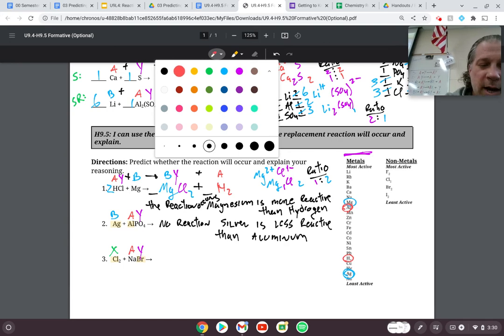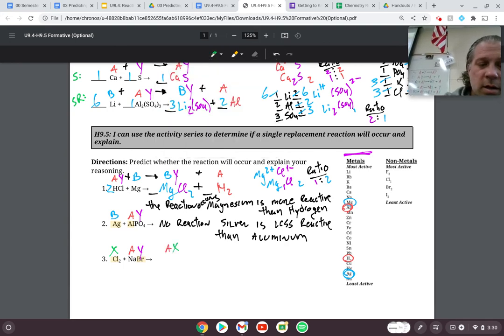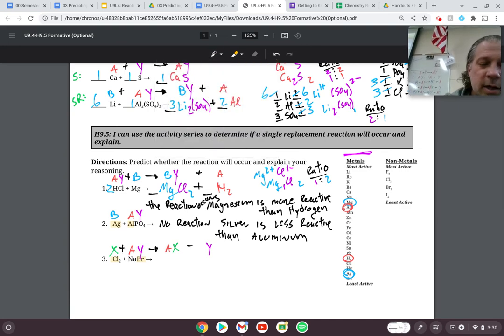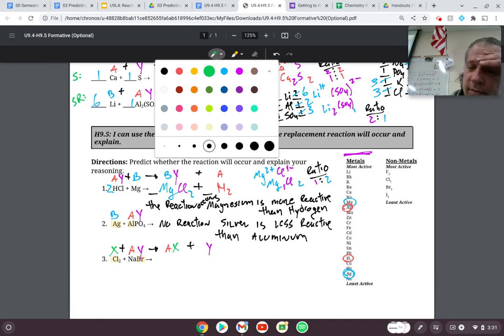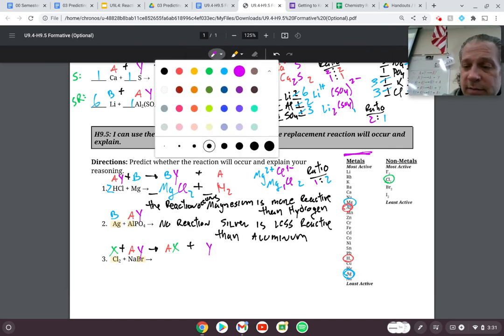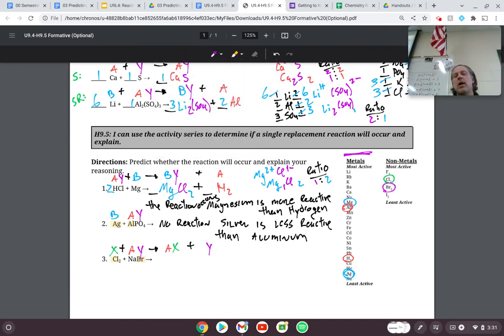And on my product side, I would have AX and Y by itself. So in this case, let's check and see if this reaction can happen. So here I have the element chlorine, the nonmetal element chlorine, and we're comparing it to the reactivity of the nonmetal bromine. And because chlorine is above bromine on this one, chlorine can replace bromine.